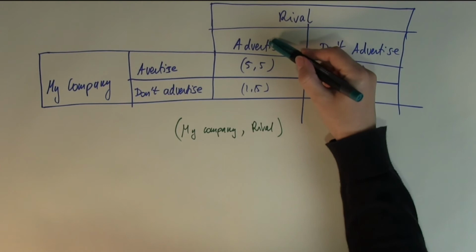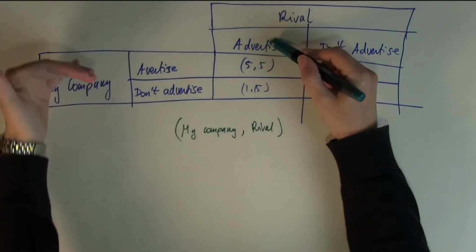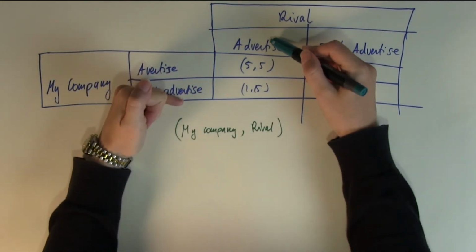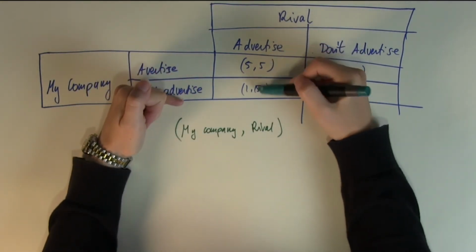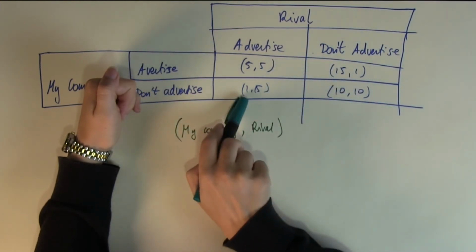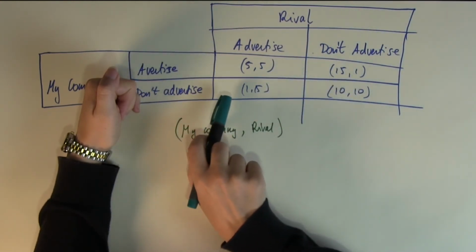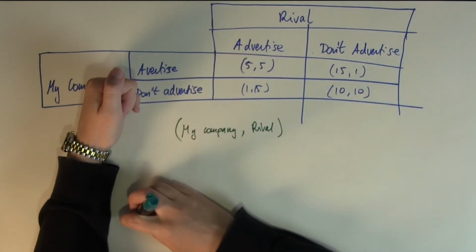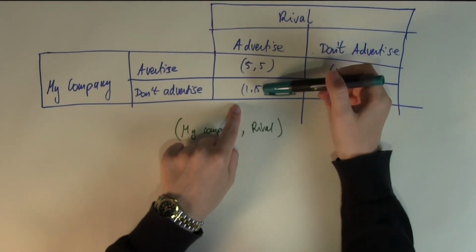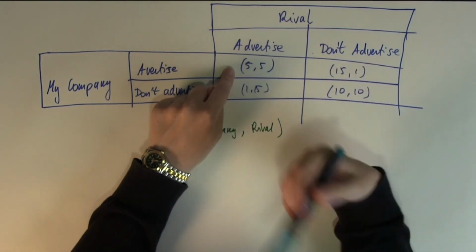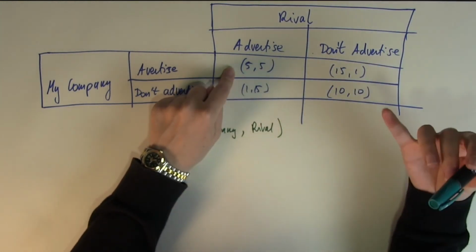So if the rival advertises, then again there are two scenarios depending on whether I advertise or not. Obviously, it would be better for the rival if I didn't advertise, but that would be no good for me, because if I don't advertise, I basically let the rival own the whole market and they would get a nice fat profit, and I would lose out quite a bit. So if the rival decides to advertise, I will have to advertise, because I want to maximize my own profits given the circumstances.